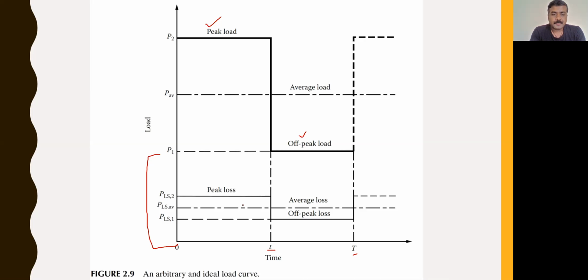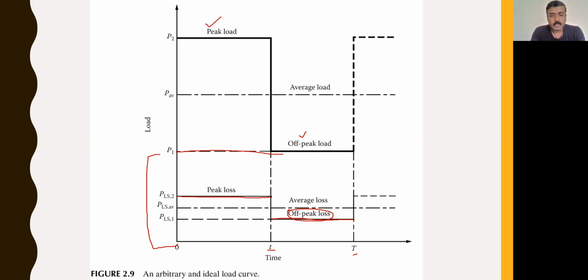At half peak load P1, we have off peak loss, and similarly at peak load, we have peak loss.